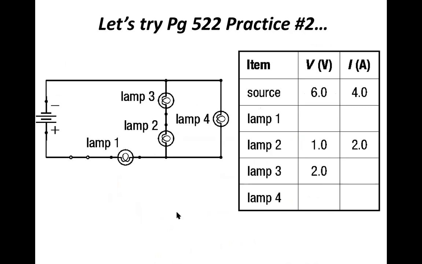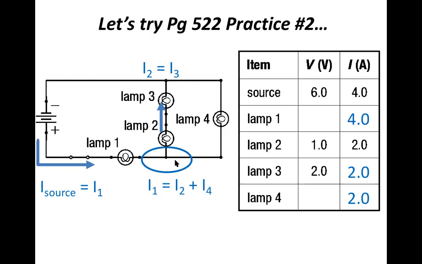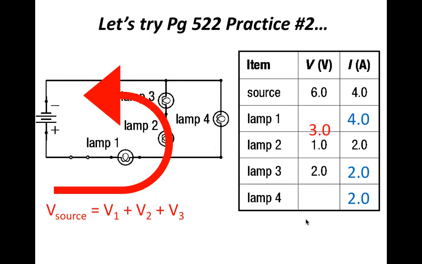Okay, so if we try a quick practice problem, we can see that the current throughout here is the same. So I source equals I1, and then I2 equals I3. And then at this junction, we've got the total current of 4 amps that goes into the junction equals the sum of what goes here and here, which is 2 amps each.